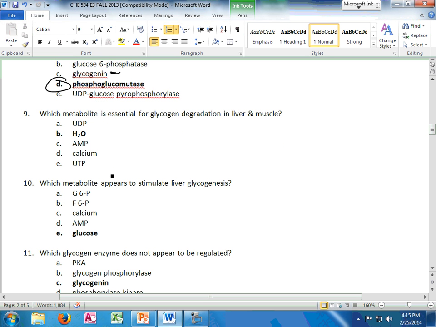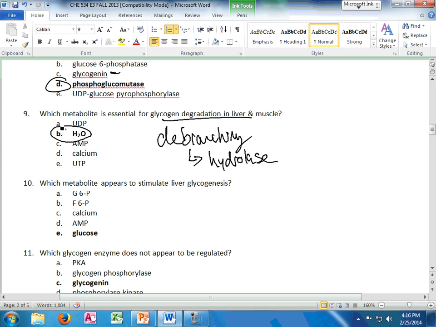Which metabolite is essential for glycogen degradation in liver and muscle? So I mentioned this when I was going through the slides. What he's talking about here is the debranching enzyme. If you look at the debranching, it's the bifunctional one, and one of its activities is hydrolase. So you need water to get rid of glycogen.